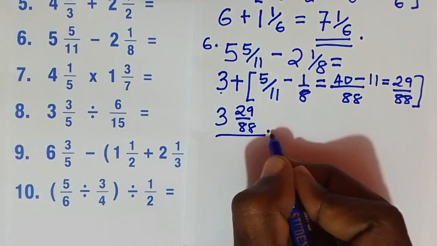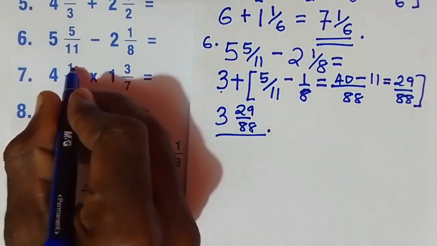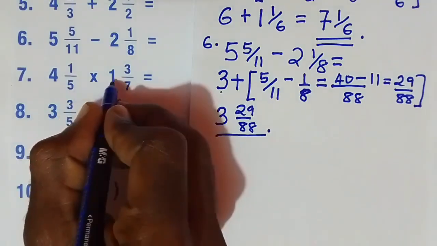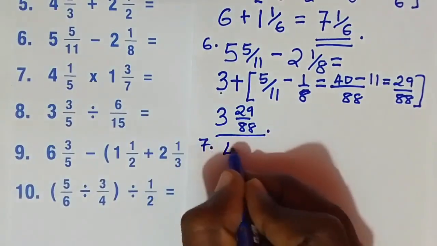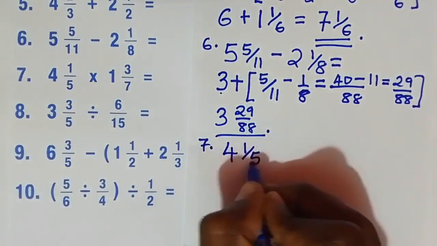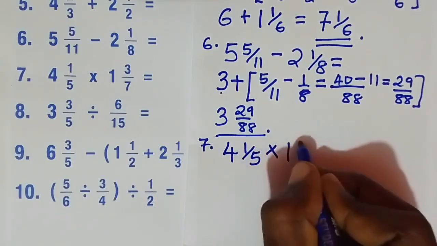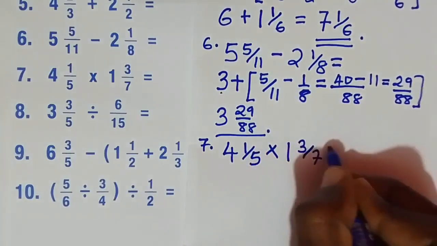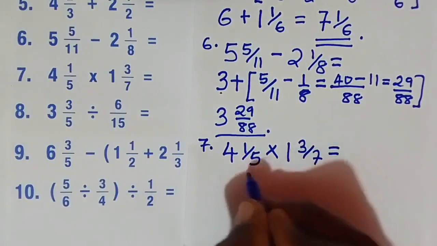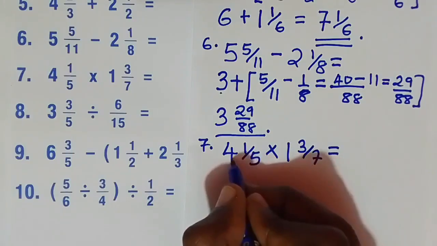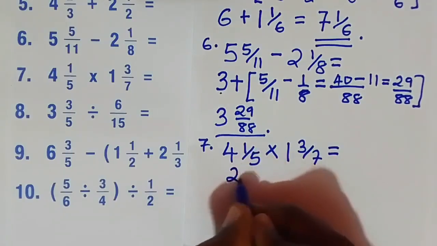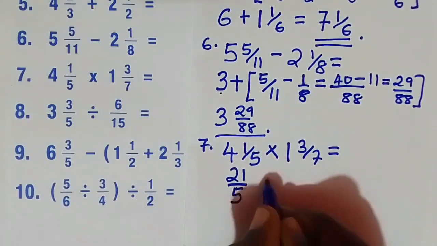Let us do question number 7. 4 1 over 5 multiplied by 1 3 over 7. We are going to change our fractions into improper fractions. 5 multiplied by 4, 20, plus 1, we get 21 out of 5.